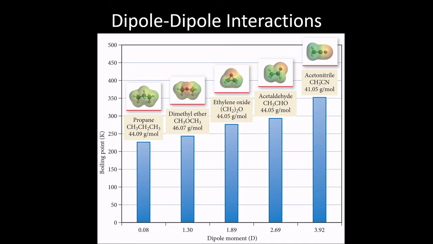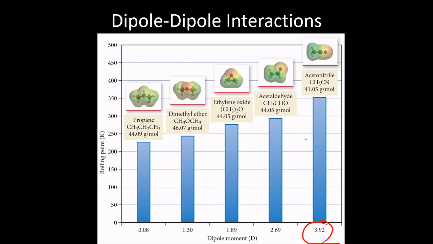What's causing the change is the differences in the dipole moment, how strong the dipole-dipole interaction is. So up here at this end, where we have the strongest dipole moment, and again the dipole moment is just a measure of how strong the dipole is, the strongest dipole that we have on this page anyway has by far the highest boiling point of the 5 molecules here.